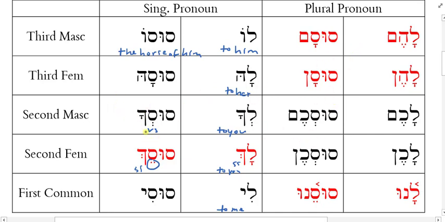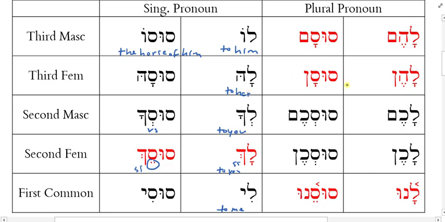That will be part of your quiz. But once you do that, for homework and stuff like that, I'm not really going to be asking you to create these forms as much as to parse them properly, okay? So you should still be able to parse it, even if you didn't remember that the tsere is the vowel instead of the qamets.